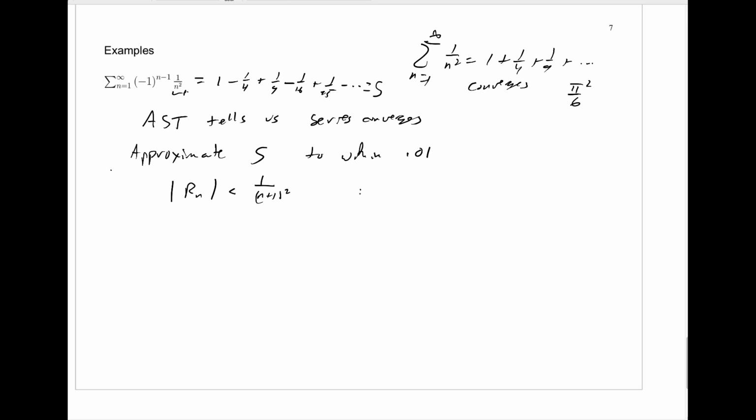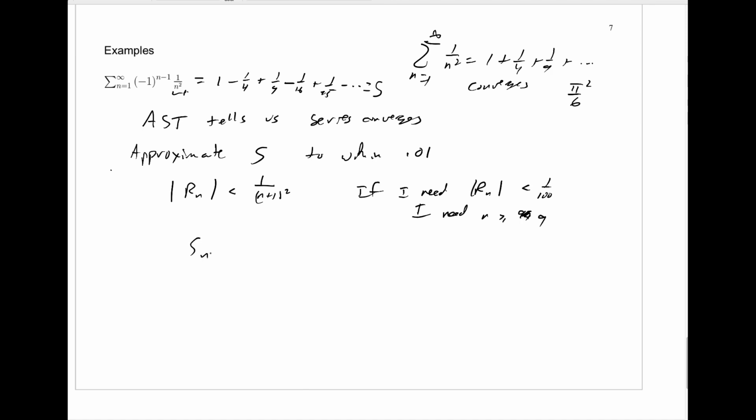So if I need the size of the error R sub n to be less than 1 over 100, I need n to be at least 9, because then this will be 10 squared in the denominator, and this will be 1 over 100.